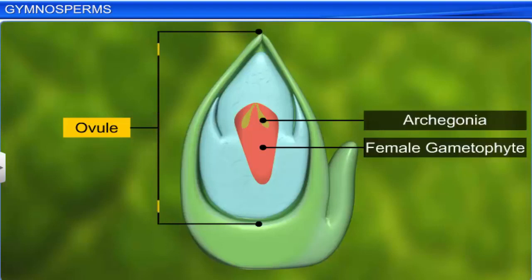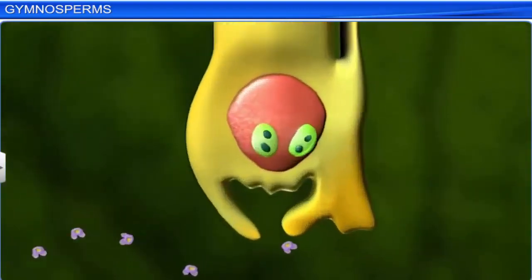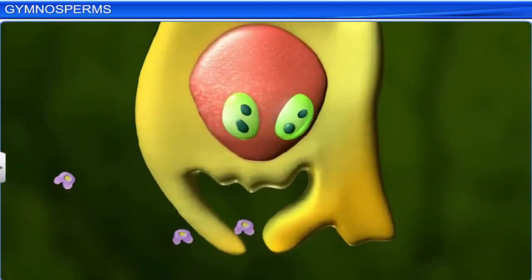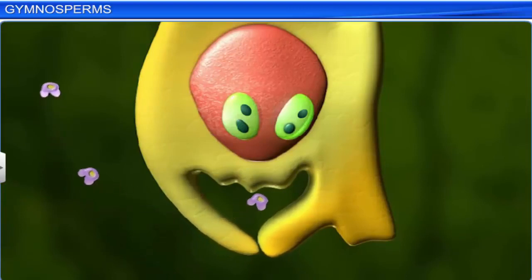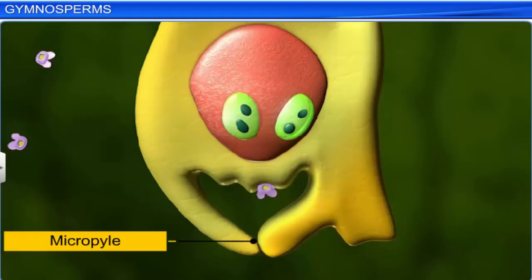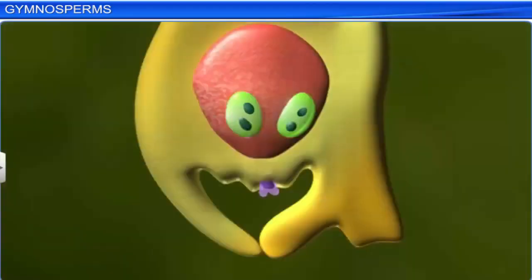The development of archegonia is followed by the fertilization process, during which pollen grains released from the microsporangium are carried by air currents and come in contact with the micropyle, an opening in the ovules. A pollen tube sprouts from the pollen grain and grows towards the archegonium, where it discharges the male gametes.